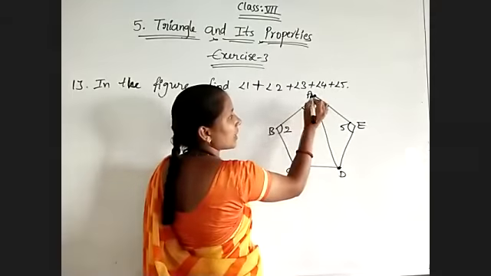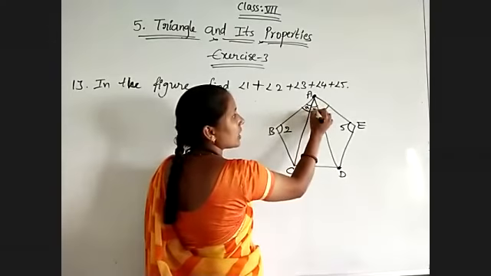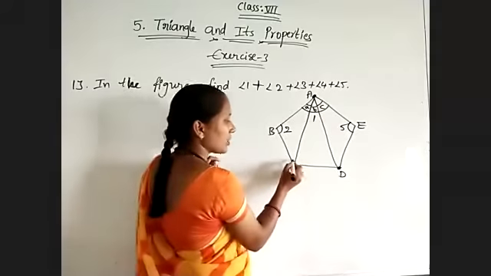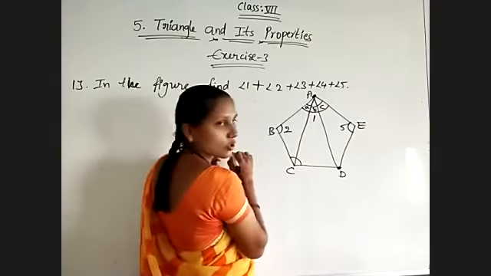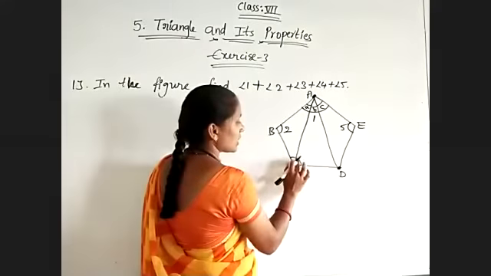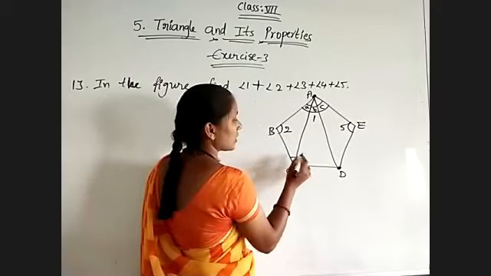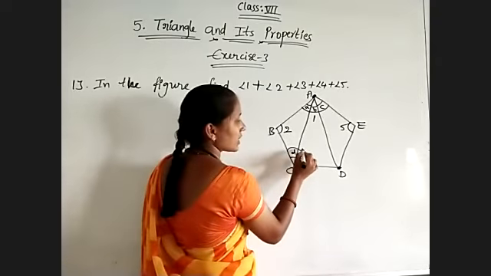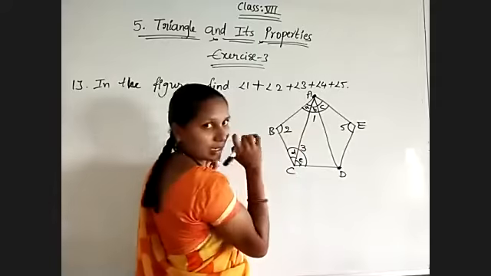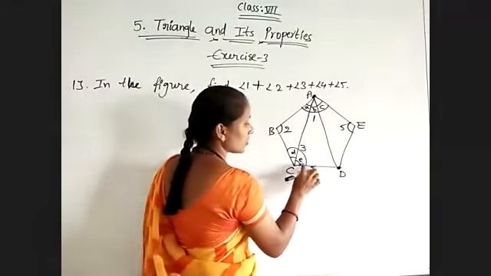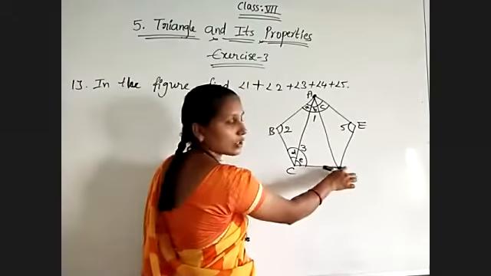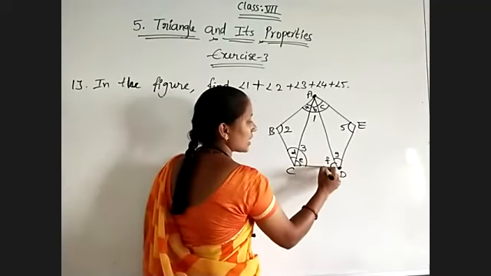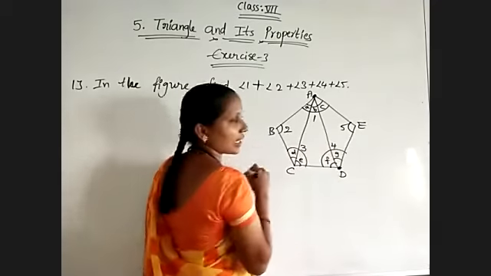So those 3 parts I am naming as small letters a, b, c. And coming to C, it is also divided into 2 parts. So one is d, one is e, and the sum of these two angles is actually equal to angle 3. And coming to D, here also it is divided into two parts. So those two parts I am taking as f and g, and the sum of those two is angle 4.